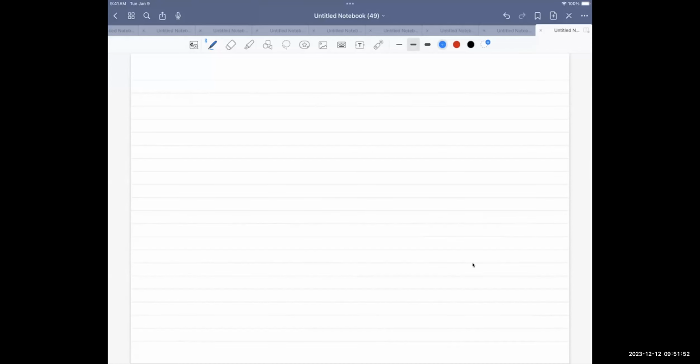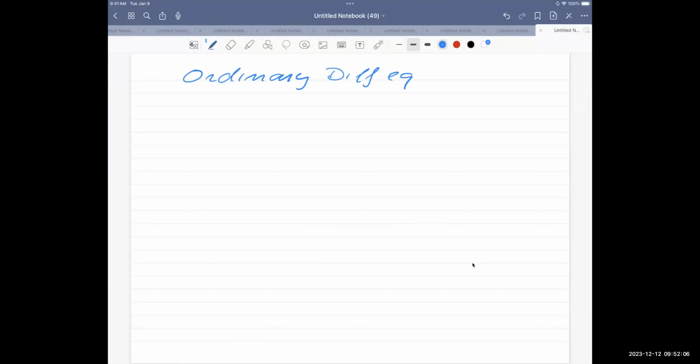So when we are looking at differential equations, if we now take an ordinary differential equation, or ODE as they are called, if we look at a standard equation which we have seen several times, we would have a function f.